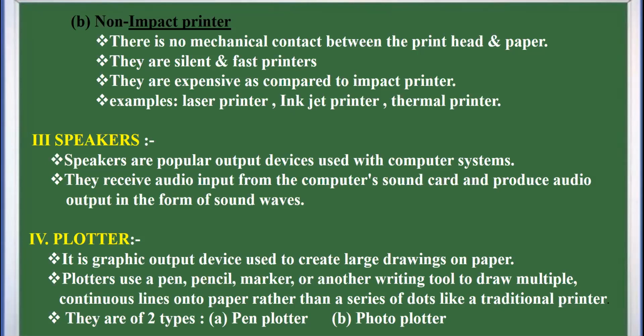That is why non-impact printers are silent printers. They are not noisy printers. And non-impact printers are expensive as compared to impact printers. The image quality of non-impact printers is much better than impact printers.